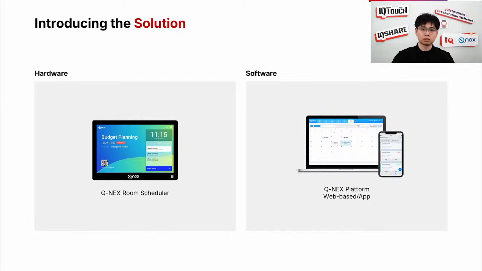Second, the software is the Q-NEX platform. The Q-NEX platform serves as a centralized management system. It is used to set up panels, meeting rooms, book meetings, and manage schedules. It has web and mobile app versions. So Room Scheduler and the Q-NEX platform create a complete meeting room booking solution that is both easy to use and easy to manage.